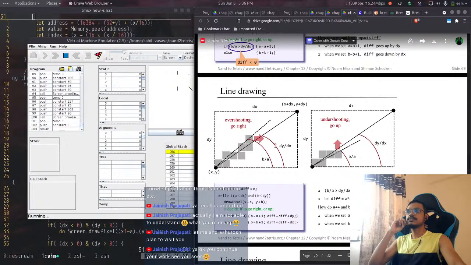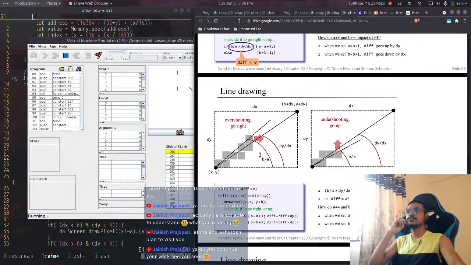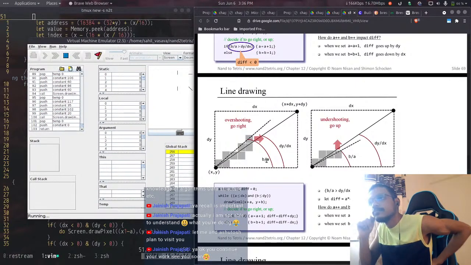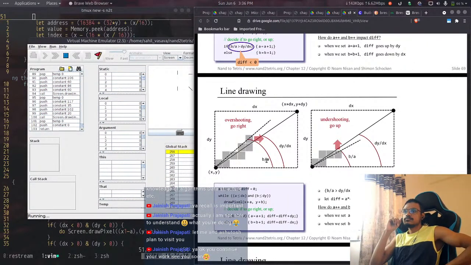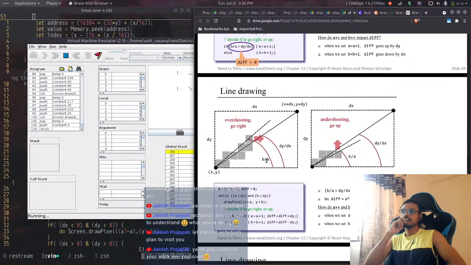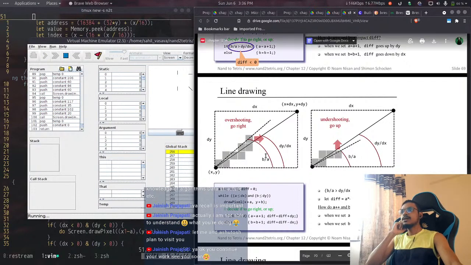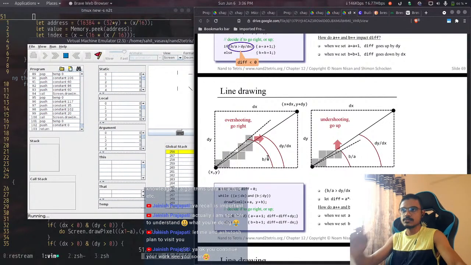In this case, dy and dx will be negative, because dy is negative, and b by a should be negative as well, right?